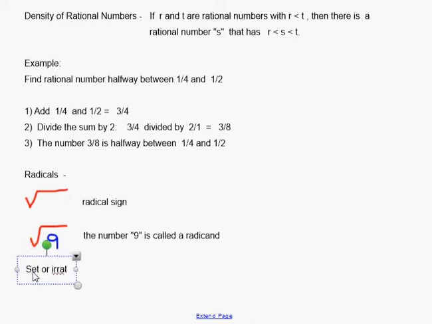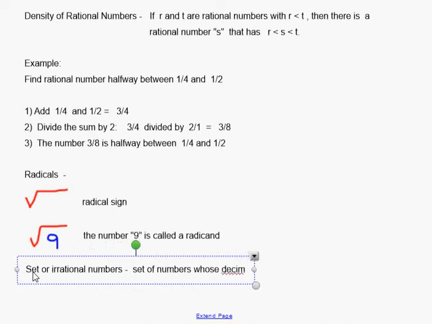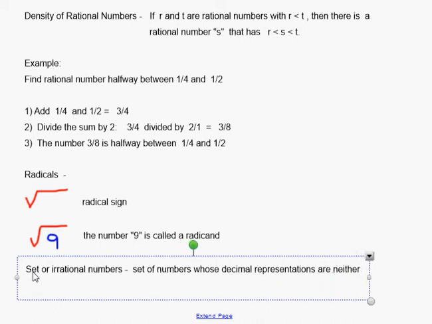Set of irrational numbers: this is the set of numbers whose decimal representations are neither terminating nor repeating.